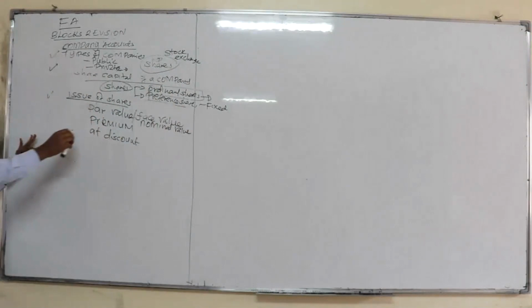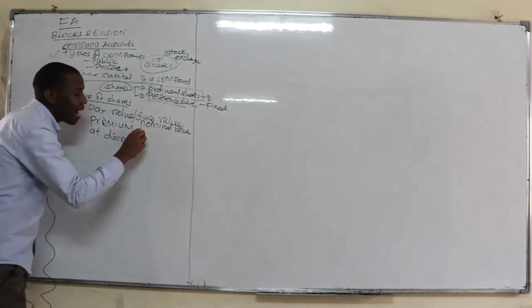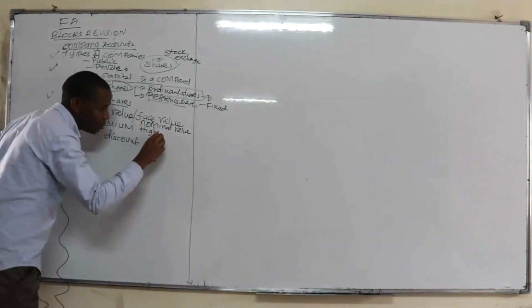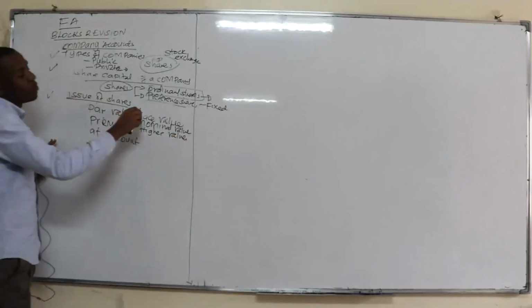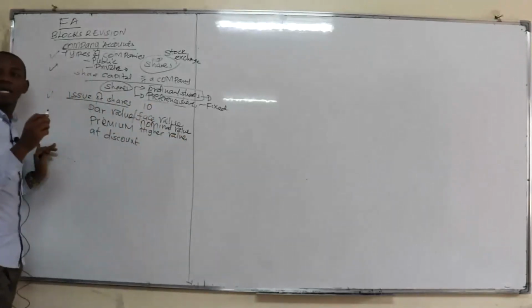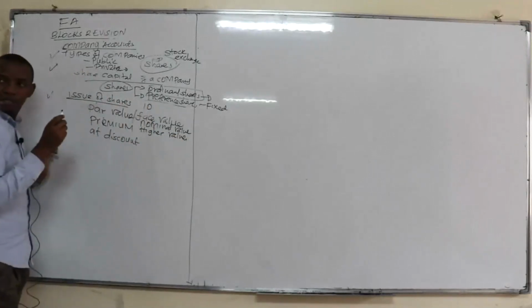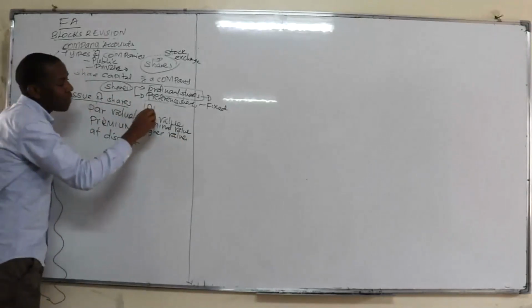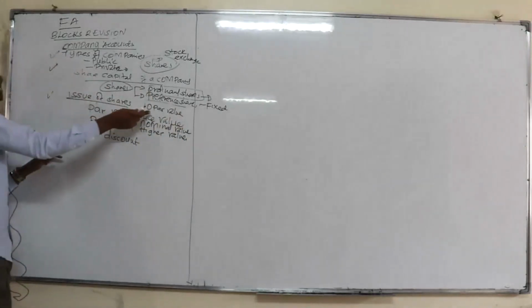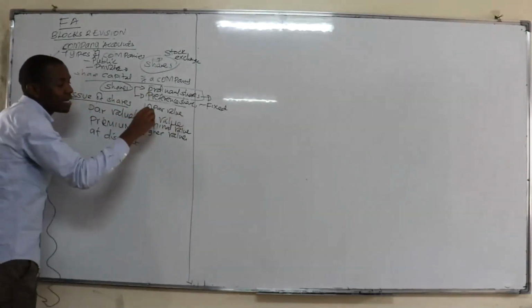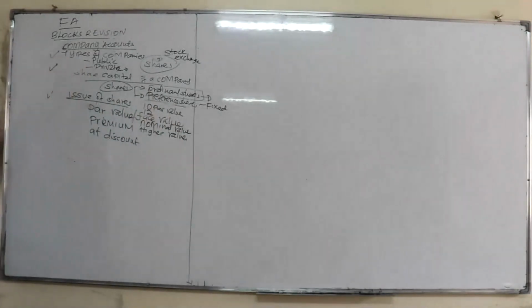Now, when they issue the shares at a price higher than the par value, let's say, for example, for a share they were issuing it at 10 shillings. That is the par value. And then in this case, instead of issuing them at 10, they issue them at 12 shillings.